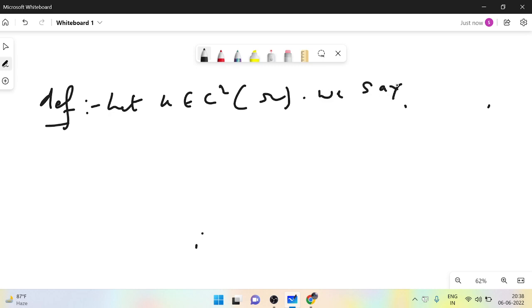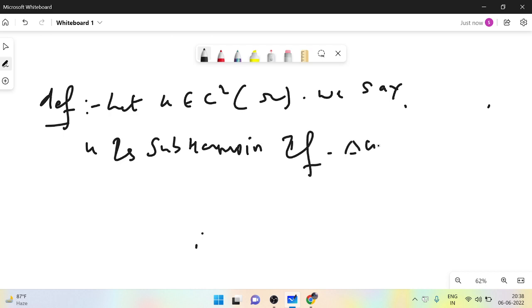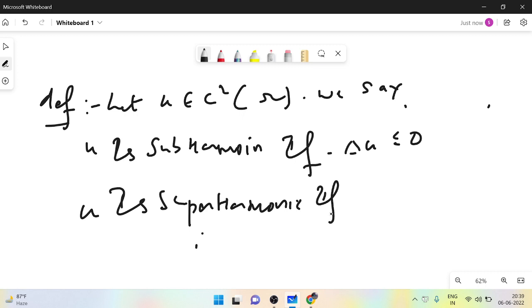We say that u is subharmonic on omega if minus delta u is less than or equal to 0, and u is superharmonic if minus delta u is greater than or equal to 0 in omega.